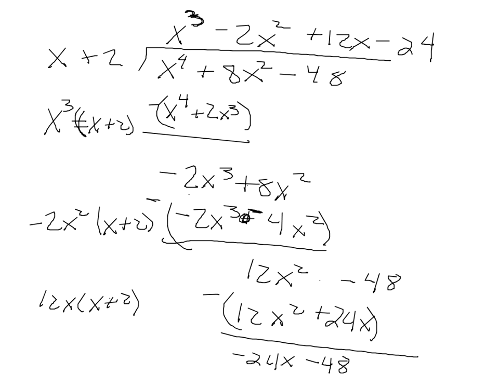So let me do a number analogy. So let's take 48. If I divide 48 by 2, that gives me 24. And then if I take 24 divided by 2, that gives me 12.